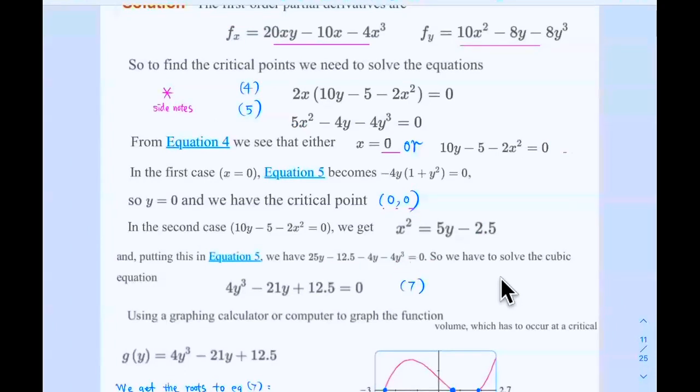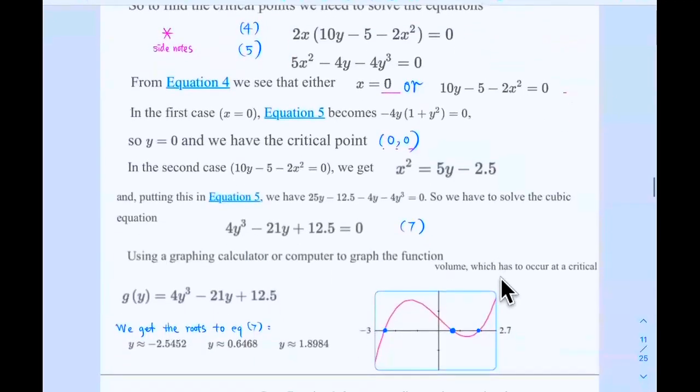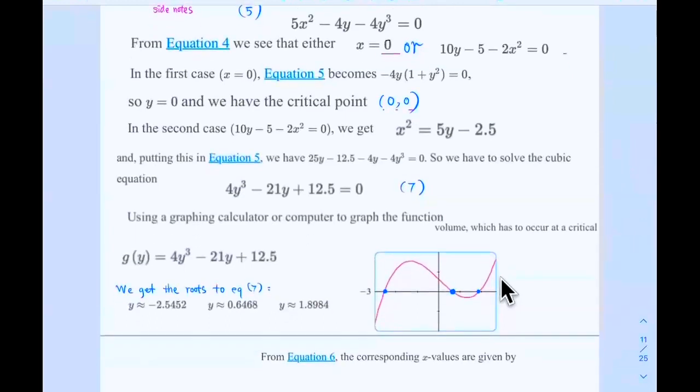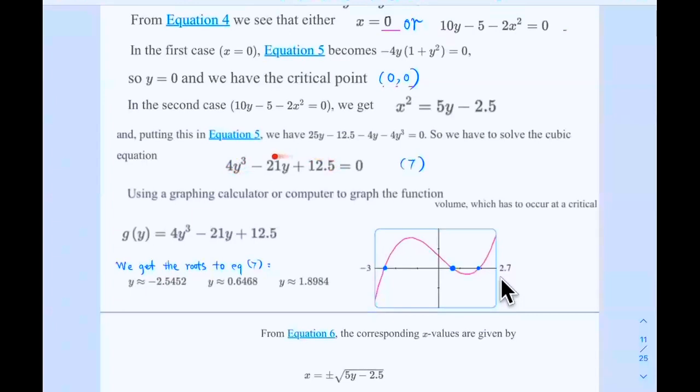And you have to solve this cubic equation. It is a little bit challenging, okay? There's a formula for cubic equations, but that's very complicated. Just like the quadratic formula, they have a formula, but it's too complicated. So one way to do that is to use a graphing calculator or computer graphing device, or some app, to graph it. So graph this function over here.